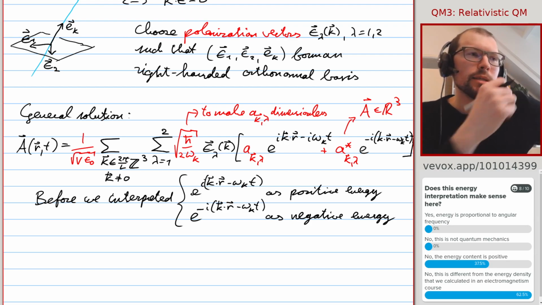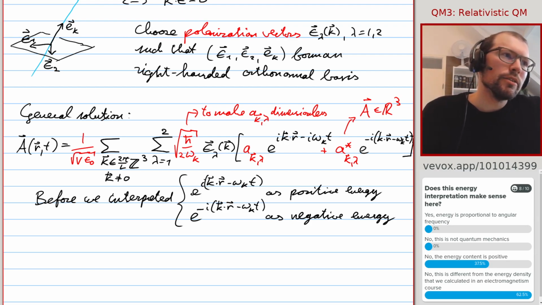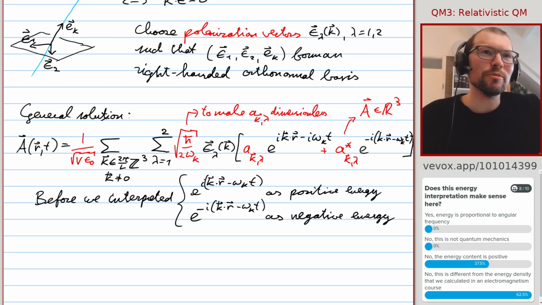Now, certainly the first no answer, this is not quantum mechanics, is a very good answer. And since this is, if you like, classical mechanics, we know that the energy must be positive, or at least bounded from below.